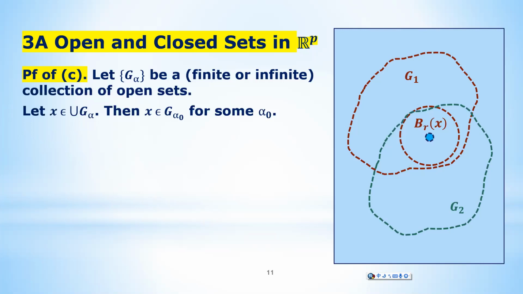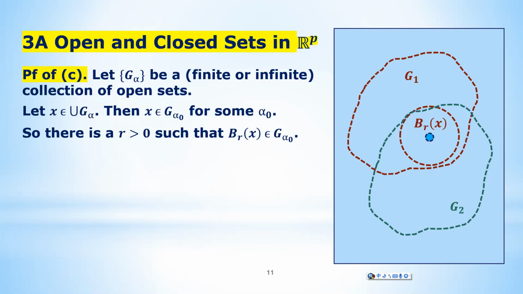Because G alpha naught is open, there is an R such that B_R(x) is contained in G alpha naught. I have to fix the notation. The whole ball is inside this open set.